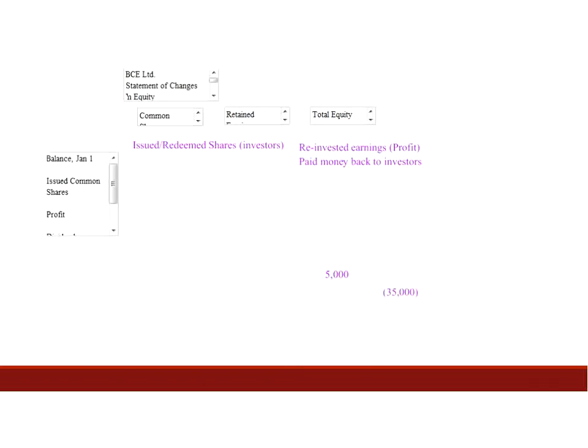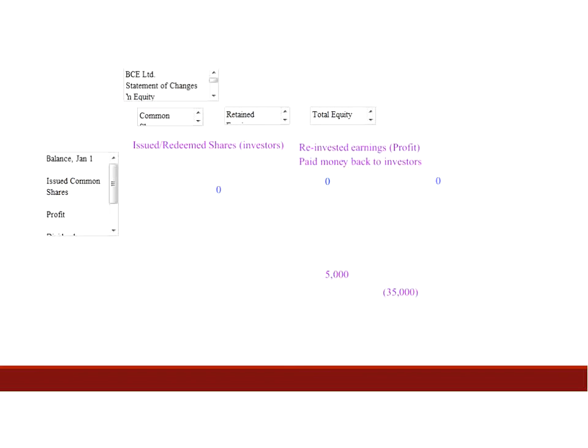Okay. So we always start this off with our opening balance, or what we have in the company to start off with. And so if we're assuming that we started BCE today, just to make life simple, we'd have a balance in all of these categories of $0. Okay. If we issued any common shares, we'd list them in here.